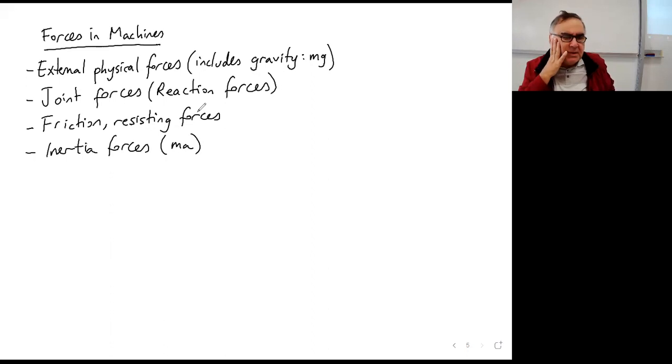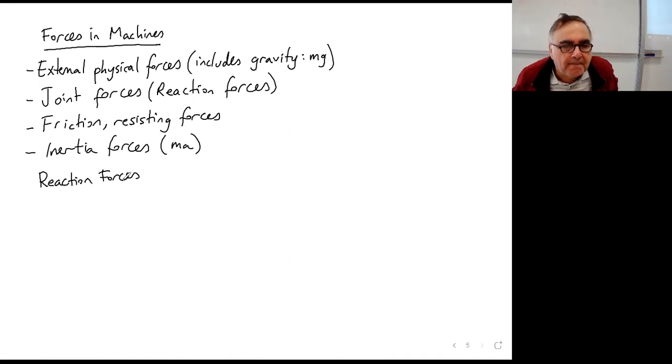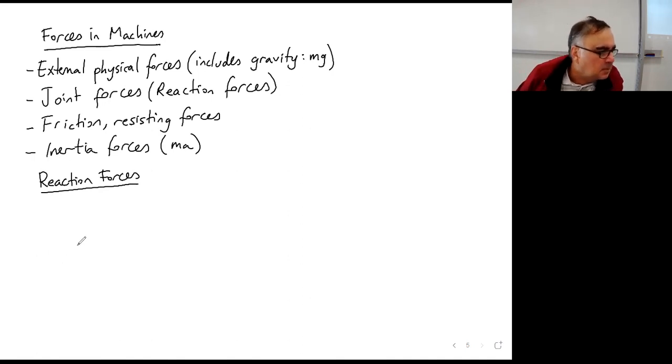Now, if you look at the reaction forces, which I want to look at now, let's say that you have a pin joint, a revolute joint. Let's say it is something like this.